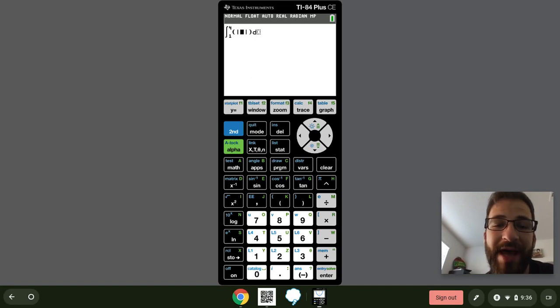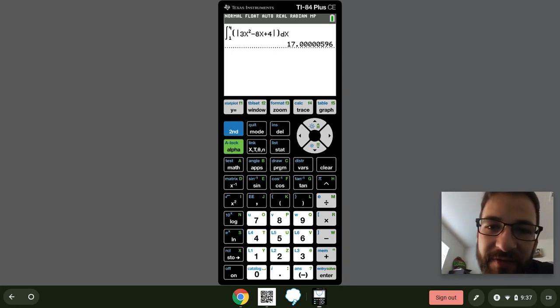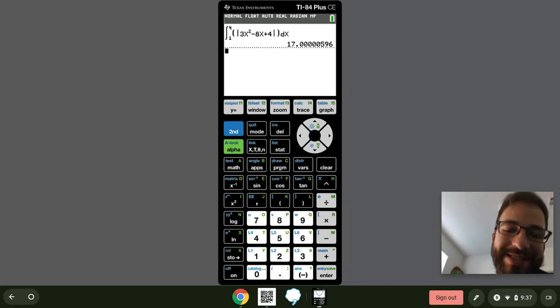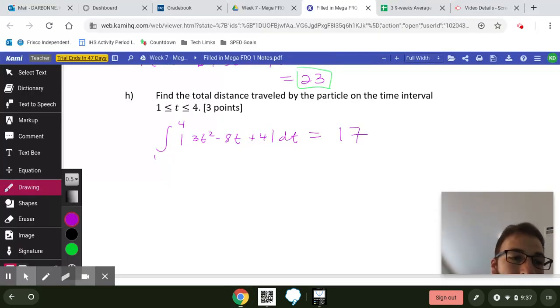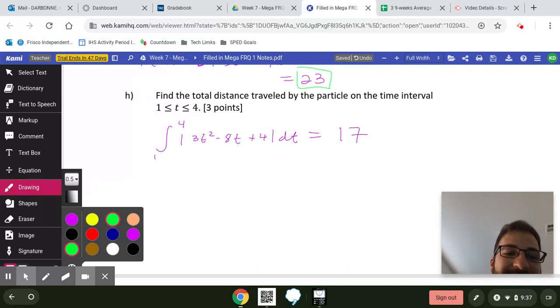So 3x squared minus 8x plus 4 dx. It'll take a bit, but it gets practically 17. So 17, because even if we rounded that to 3 decimal places, it's still 17. So that's the shortcut easy way.